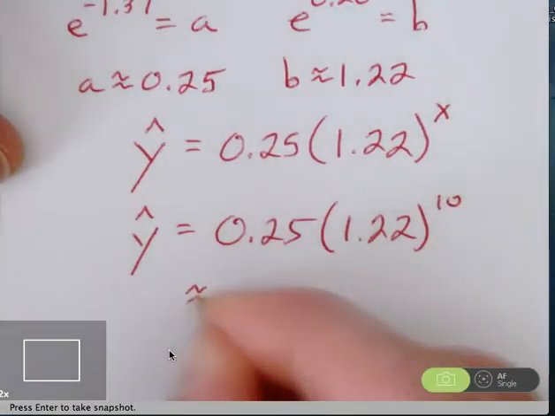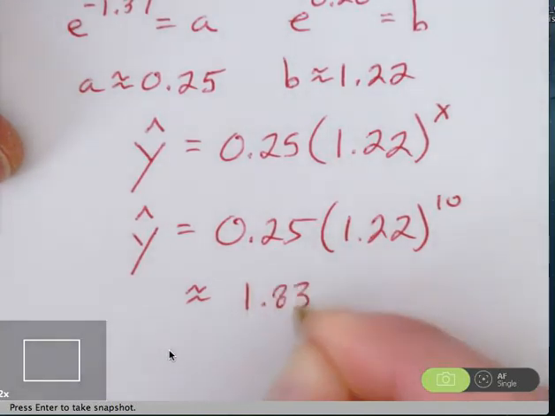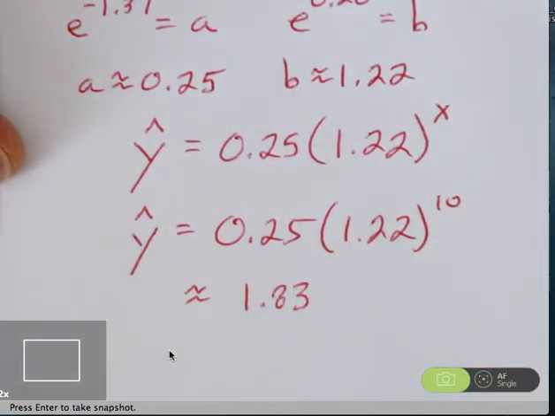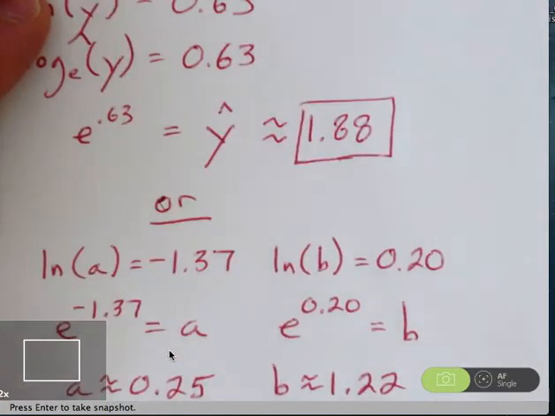There's my prediction. And again, the difference here is rounding error. When I predicted using the linear model, I had 1.88, so we're pretty close. Hope this has been helpful.